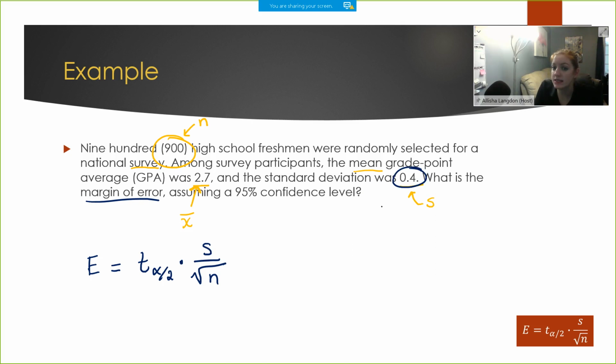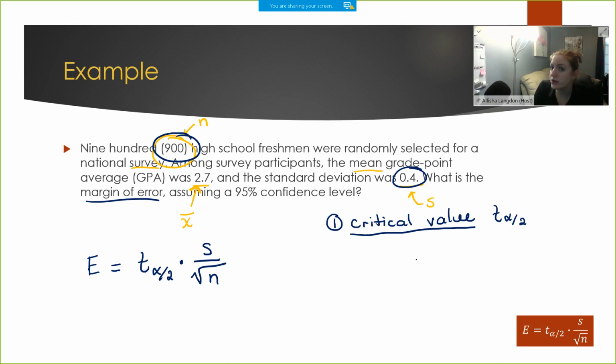They told us it was 0.04. We also have our N value, the number of students, 900. But we don't have the critical value. So we need to actually find the critical value first. So that's what we're going to do. We're going to find the critical value of T of alpha over 2 first.